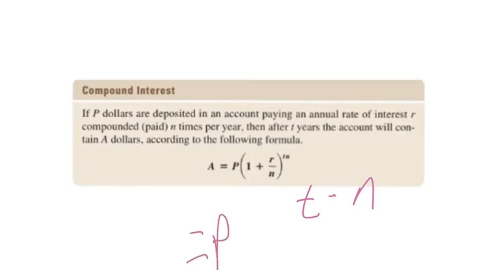So it's P times 1 plus R over N, raised to the power of T times N.